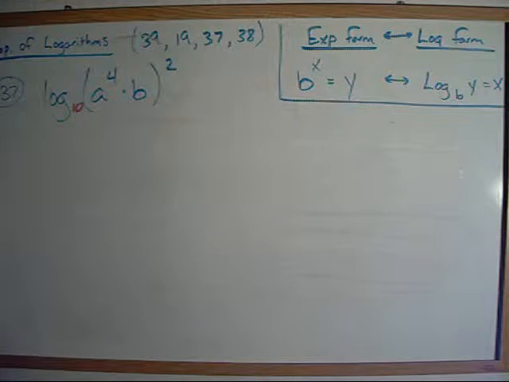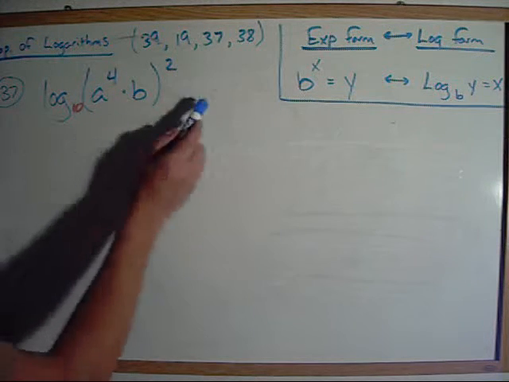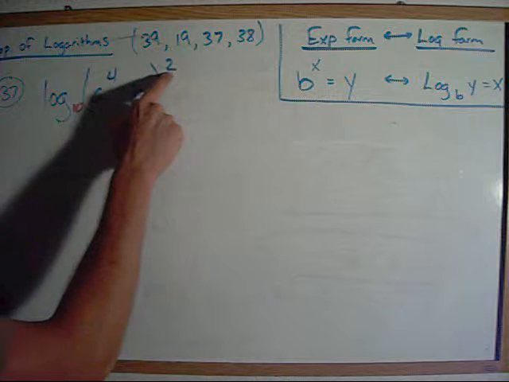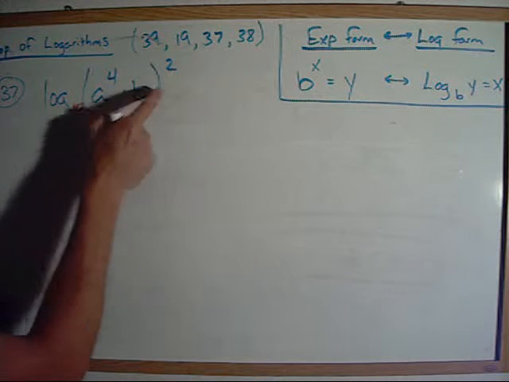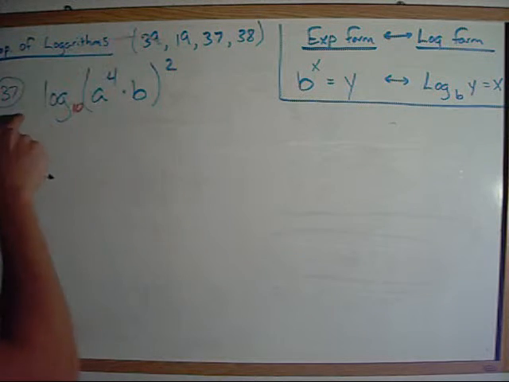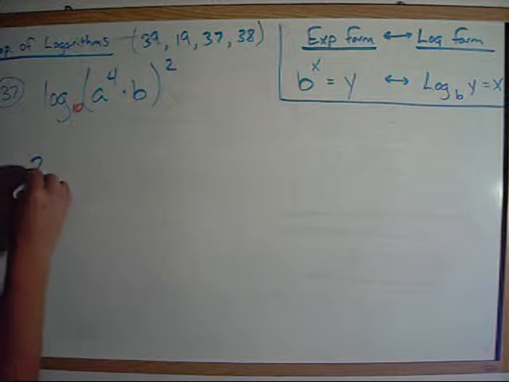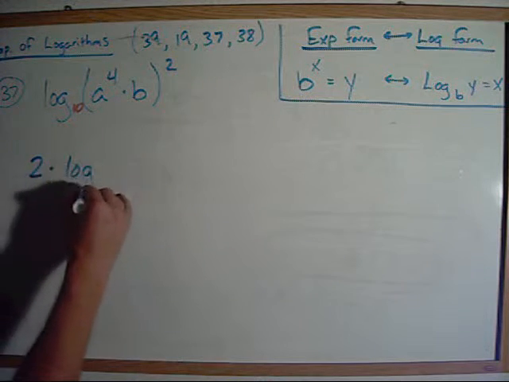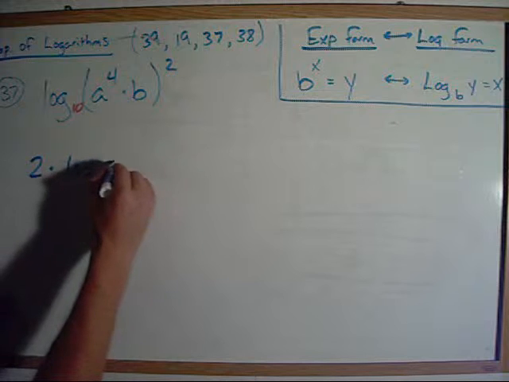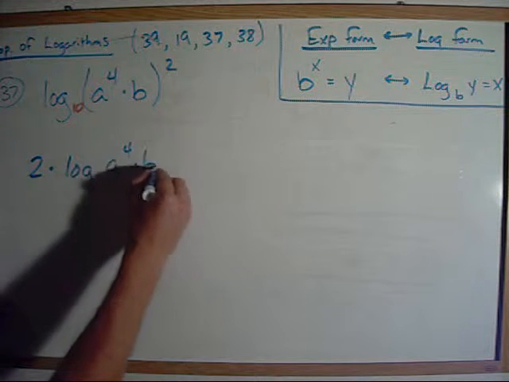Now you can actually do this several different ways, so maybe I'll show you two different ways here. What I would do is use that power rule first. Since this entire quantity is raised to the second power, I bring that 2 down in front. So 2 times logarithm of all that stuff. I'm not going to write the 10. It's there, I'm just not going to write it.